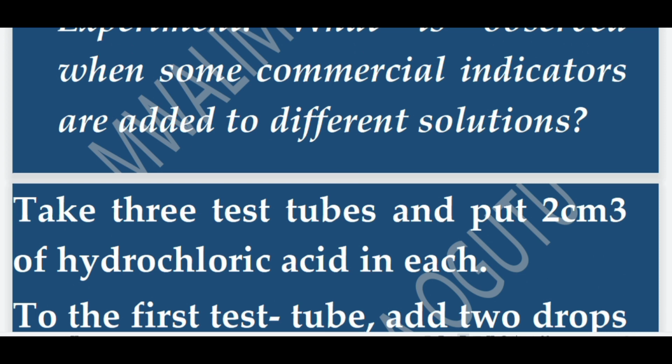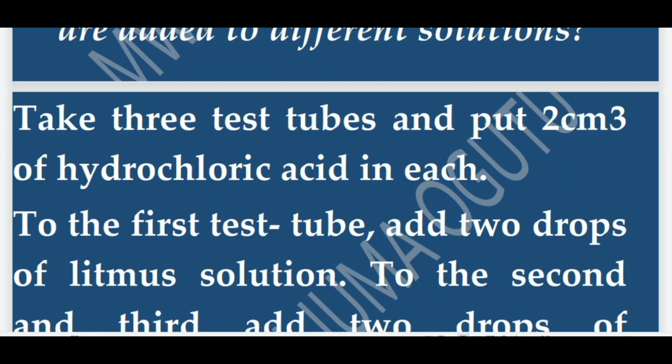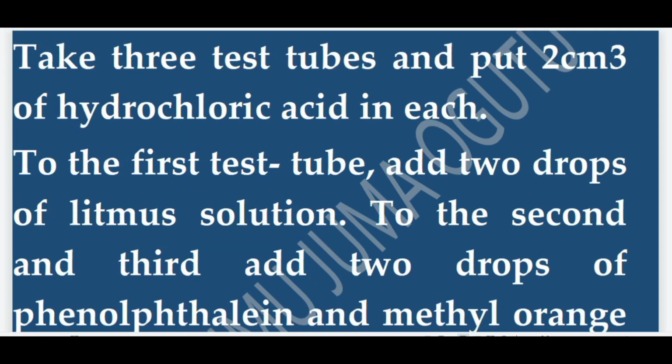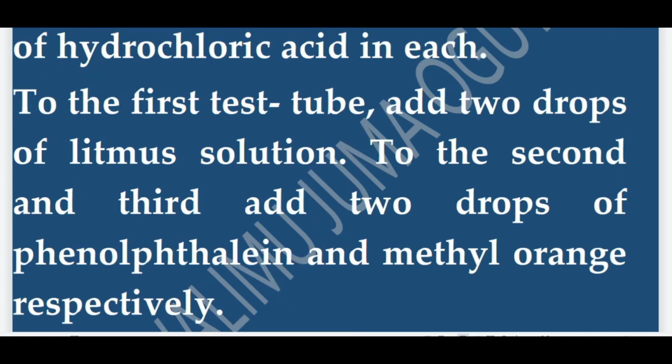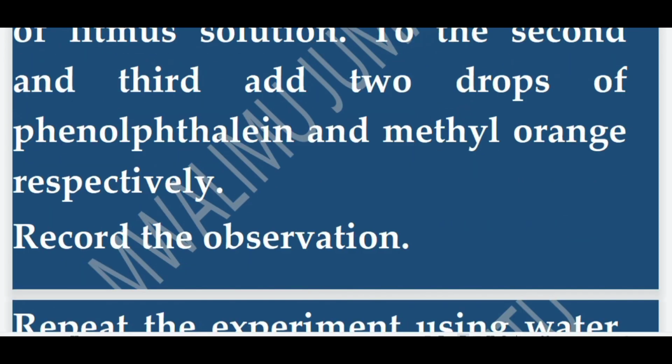To the first test tube we add 2 drops of litmus solution, and to the second and third, 2 drops of phenolphthalein indicator and methyl orange respectively. Then we record the observation that we make.